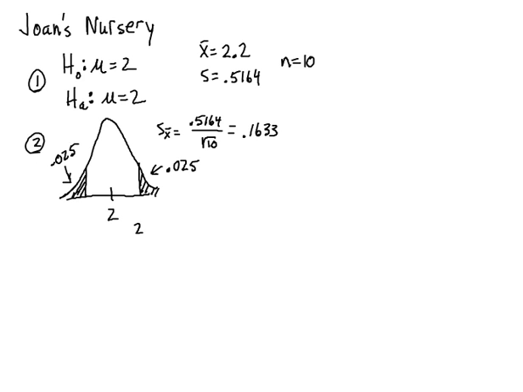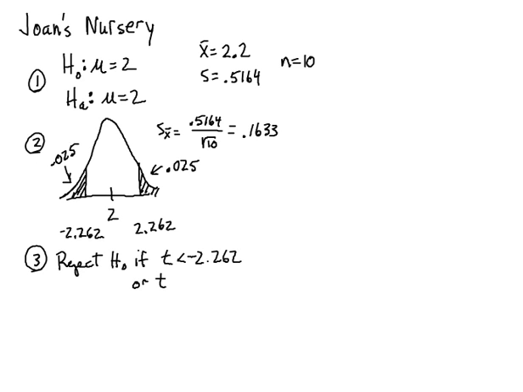So I get a critical value of 2.262, and then by symmetry on the lower end I get a negative 2.262. And in step 3 I can create my rejection rule. I'm going to reject H sub 0 if my test statistic t is less than negative 2.262, or my test statistic is greater than 2.262.